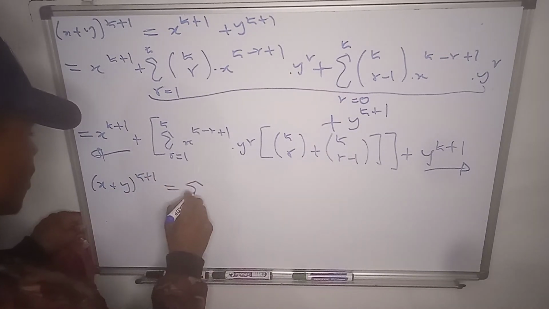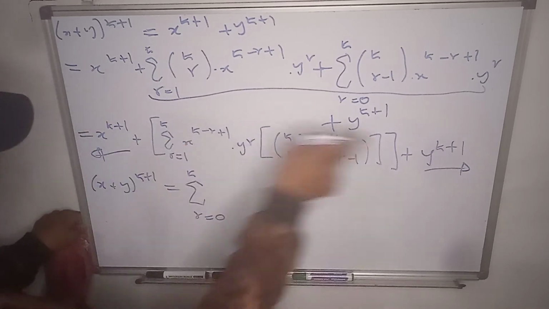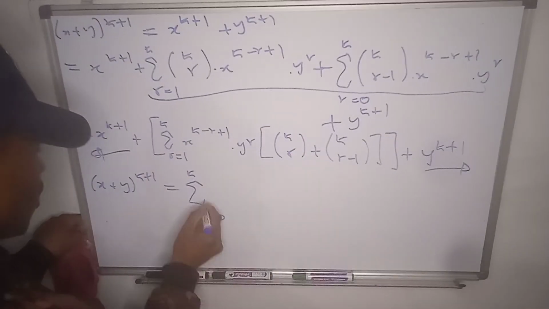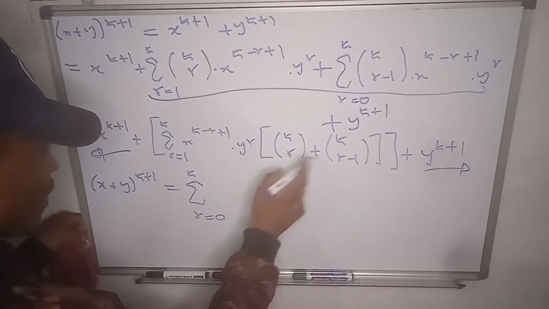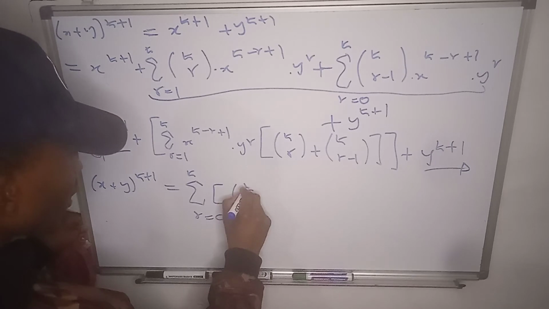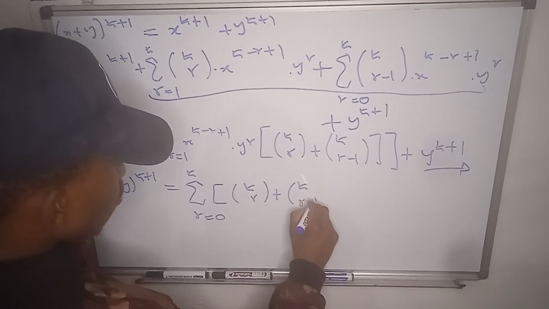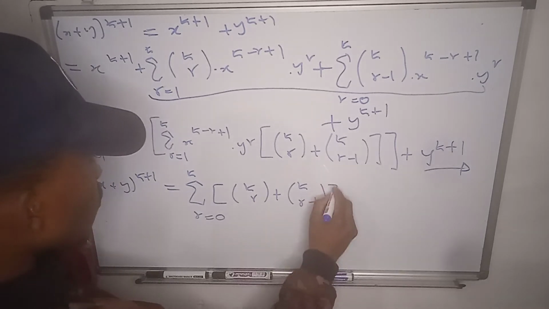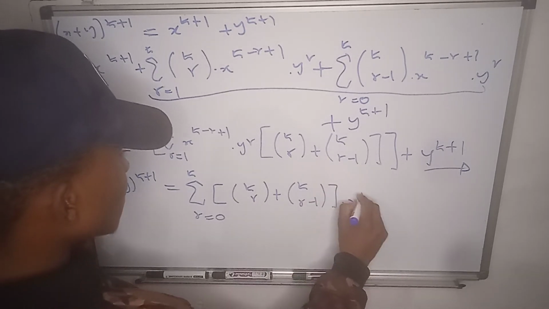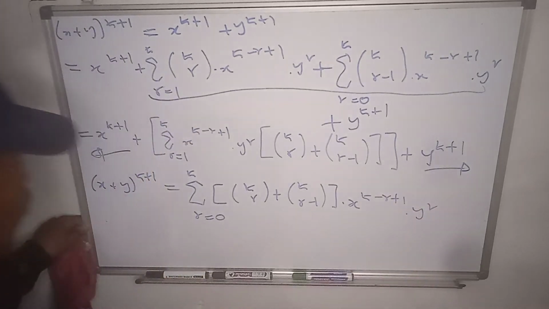So when we exclude it, this is what we have. R goes to 0 because those exponents are taken out. So this will be the same as the combination of k r plus k r minus 1, times x^(k-r+1) times y^r. This is what we are going to have.